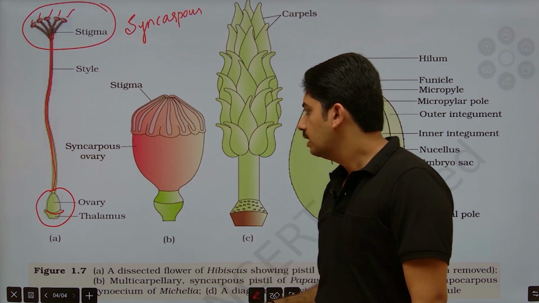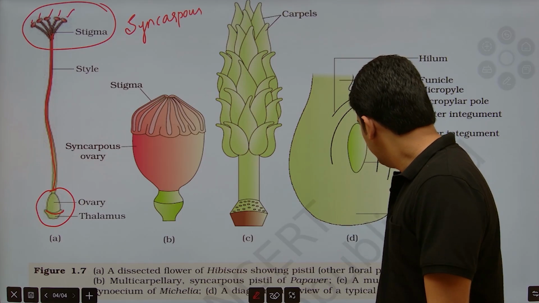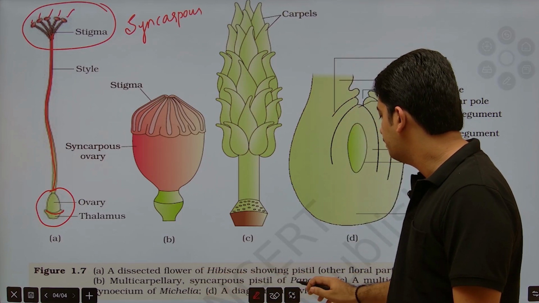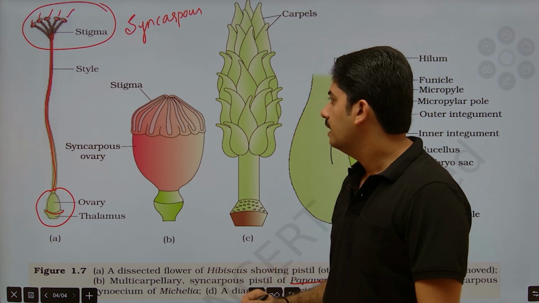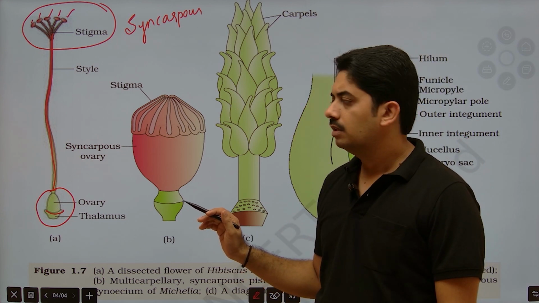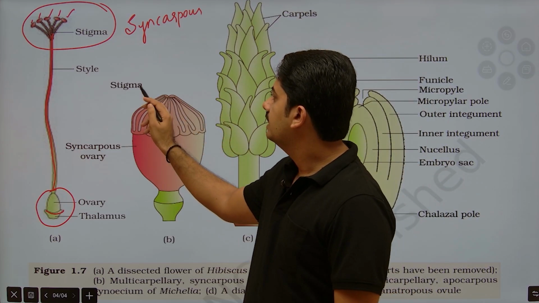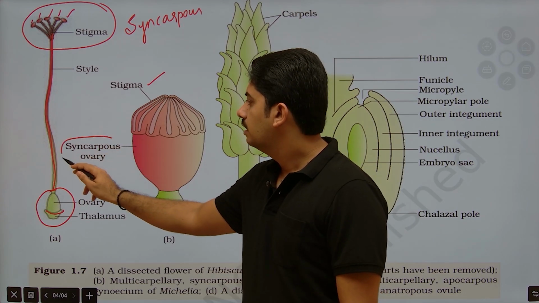Okay. So this is again one more example. Multicarpellary syncarpous pistil of papaver. In second year you study this example one more time. Papaver somniferum. Okay. So this is one plant. Here you can see the stigma, and it is a syncarpous ovary.